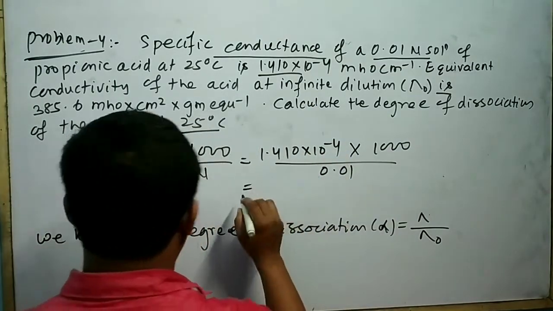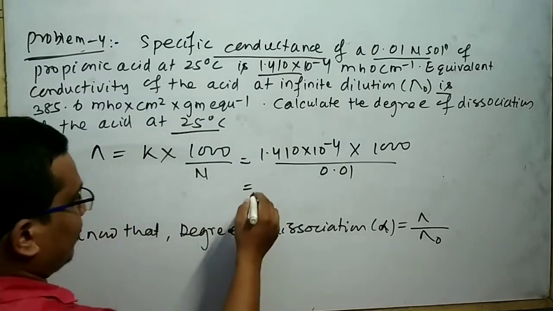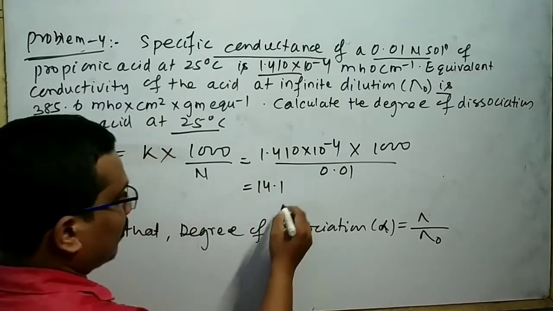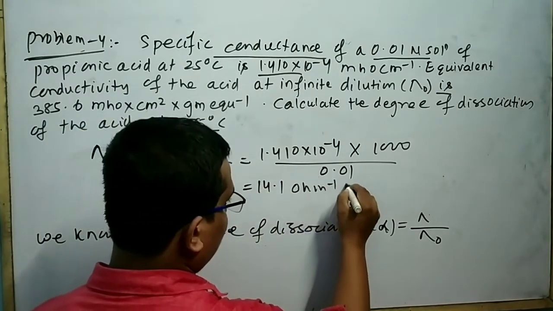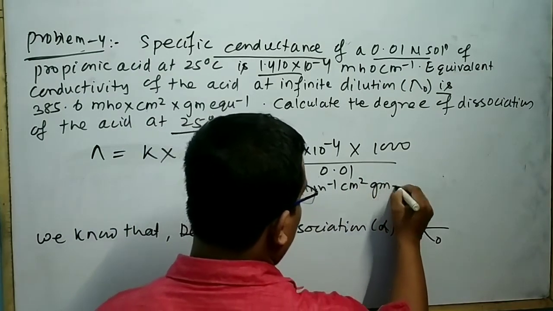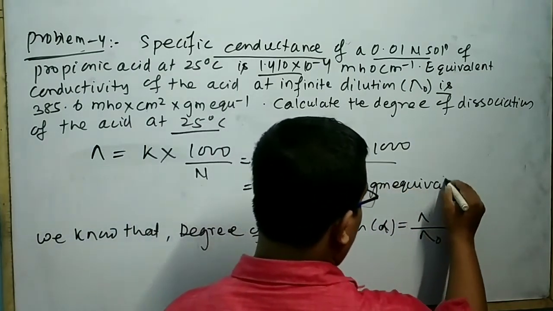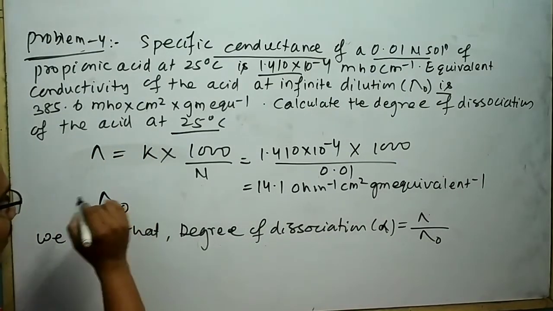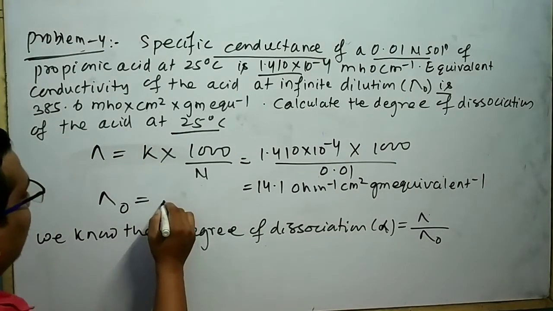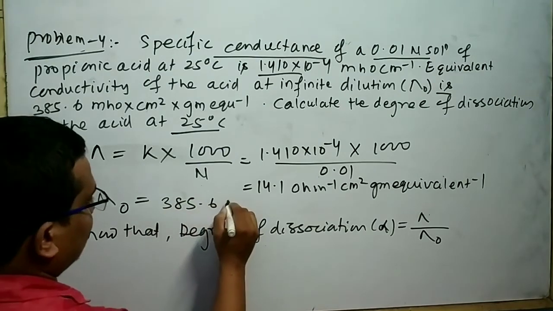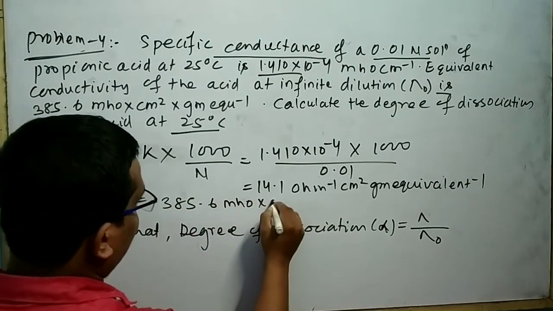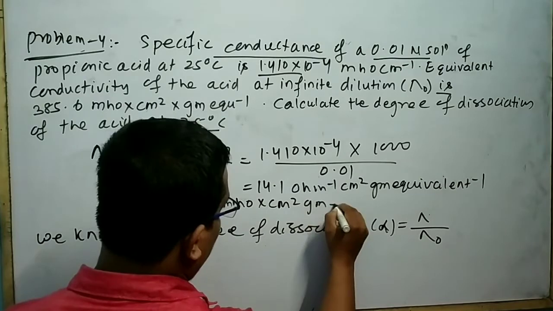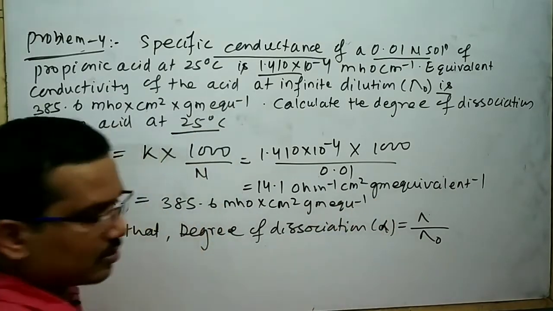After solving, the big lambda is equal to 14.1 ohm inverse cm square gram equivalent inverse. In the question, big lambda 0 is already given, that is 385.6 mho into cm square gram equivalent inverse.